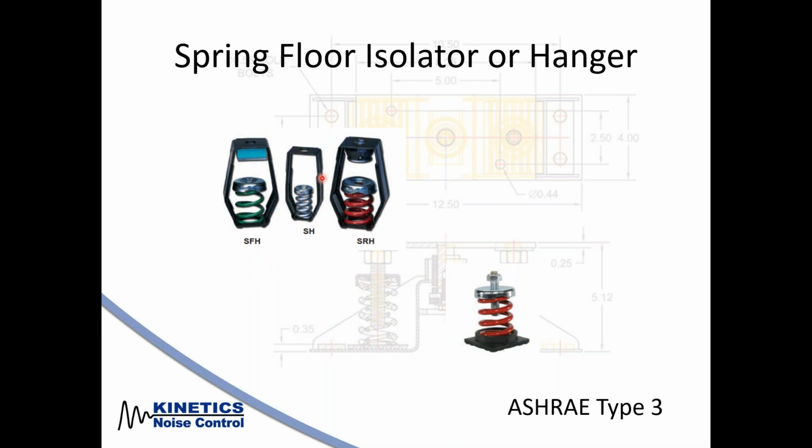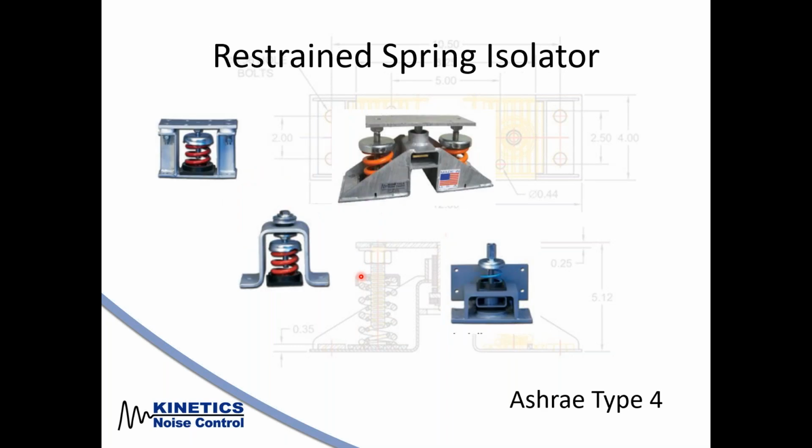So this is a way for you to use a spring hanger to suspend the equipment, and then this is a way for you to set the equipment on top of a spring, and of course there is no way to bolt this down, so this would be a non-seismic housed spring isolator. So that's ASHRAE type 3.